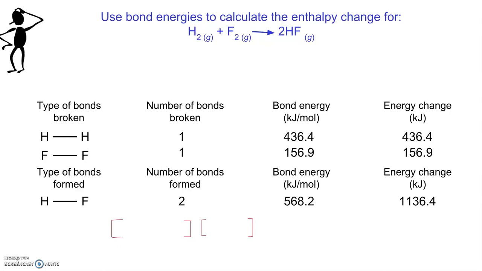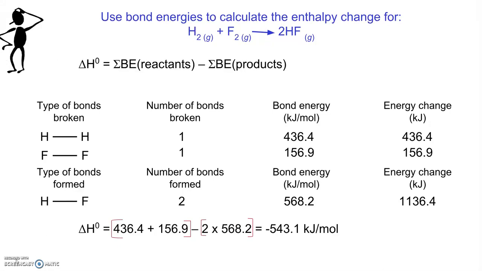So if you look at how we make hydrofluoric acid, notice hydrogen to hydrogen is a reactant. It has 1 bond being broken, it has 1 bond energy. Fluorine to fluorine has 1 mole, 1 bond being broken. However, for hydrofluoric acid, there are 2 moles, so 2 bonds formed, and it has a bond energy for single.